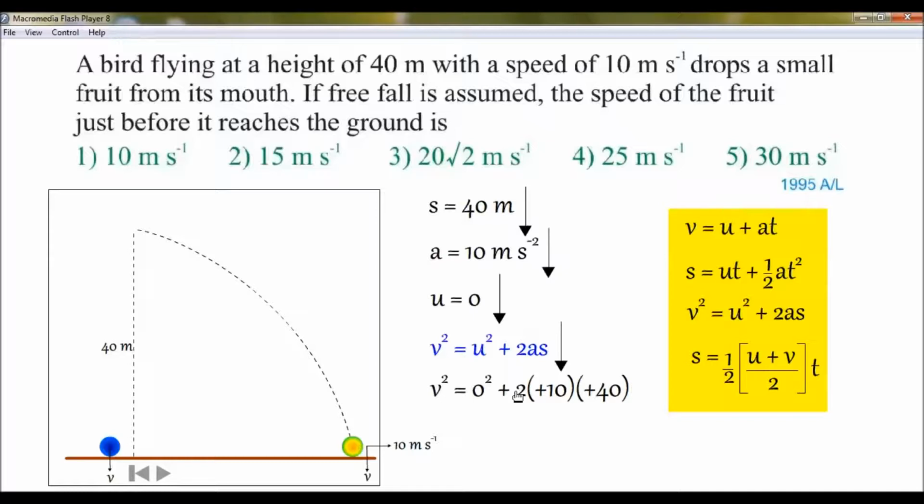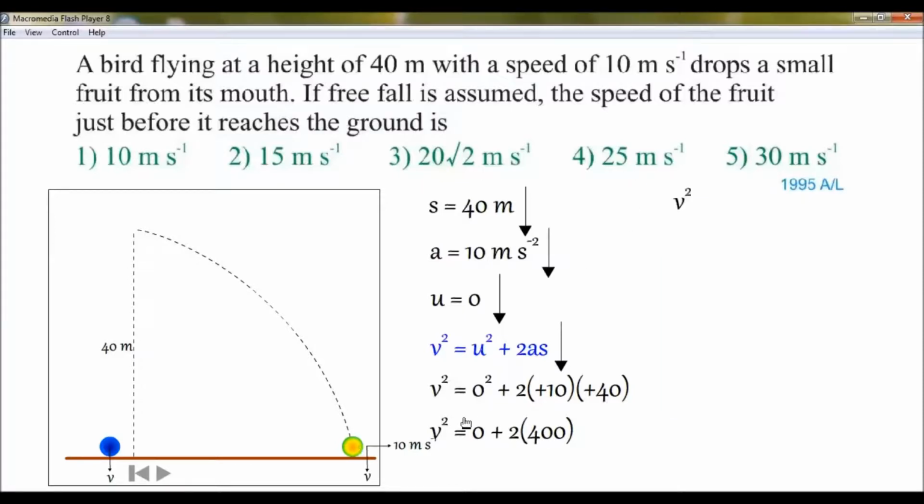Then v squared equals 0 squared, which is 0, plus 2 times 10 times 40, which is 800. I'm not going to simplify this further because I need only v squared to find the resultant.